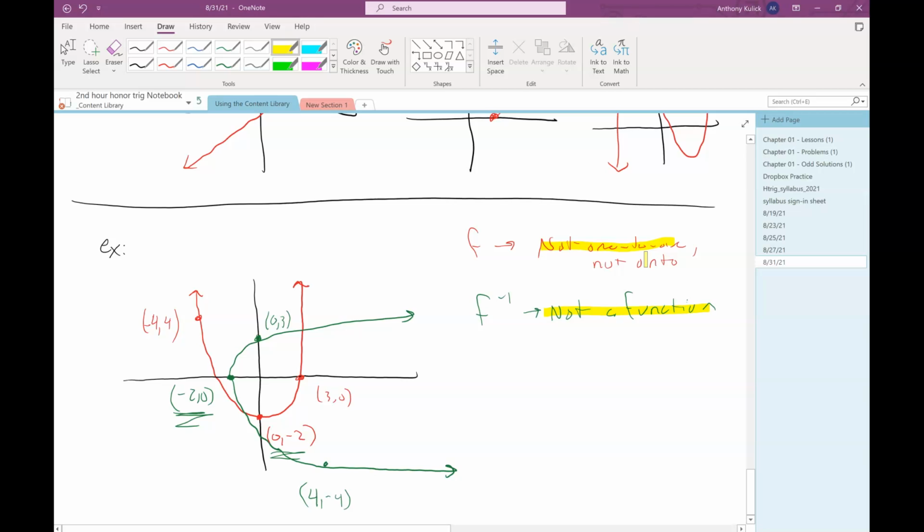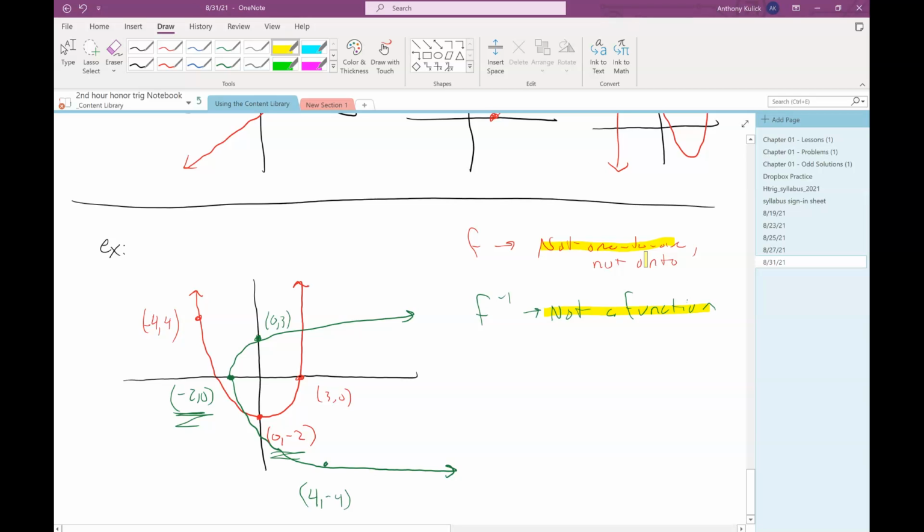So let's think about what it means to be not one-to-one. That means that some y-coordinate is used by two different x-coordinates, right? Everybody agree? So when I swap the x's and y's for my inverse, that y-coordinate that was used twice in f becomes an x-coordinate being used twice in f inverse.